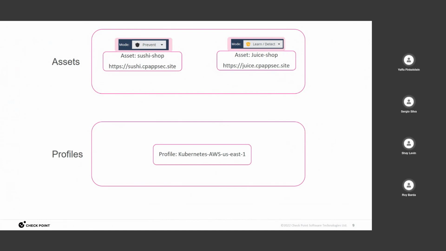And for each profile that you create, the profile will generate a token. And when you deploy an AppSec agent, you will deploy it with the token that you get from the profile. So it can be a CloudFormation template, or it can be any other template, a YAML template. Anyway, you are going to deploy it with the token that you got from the profile.